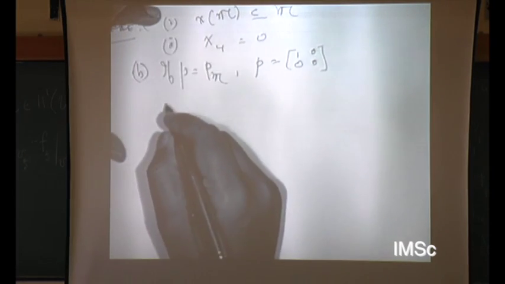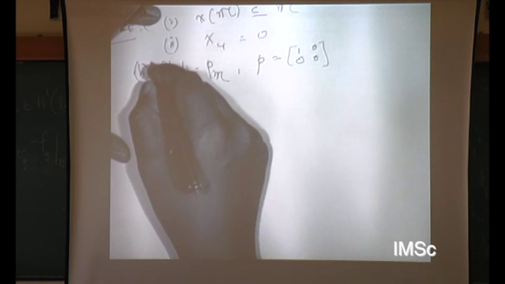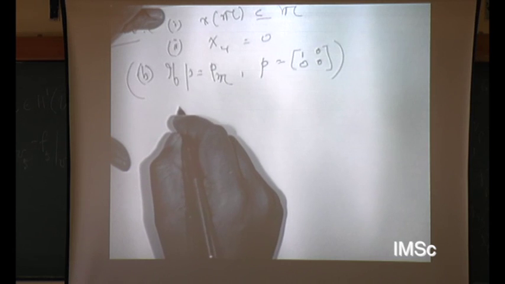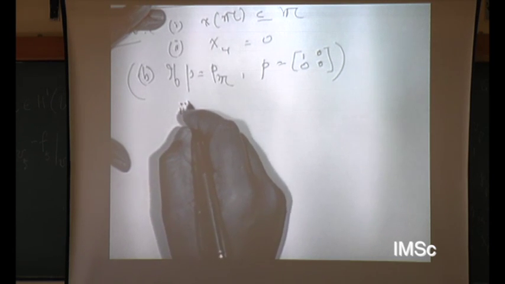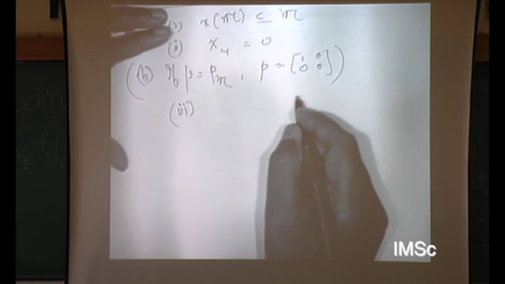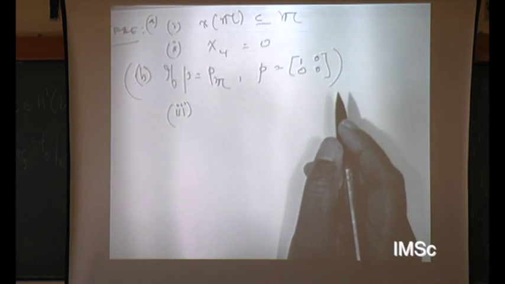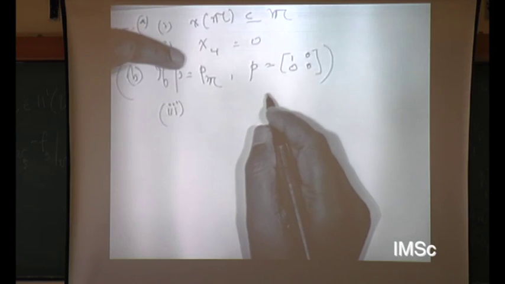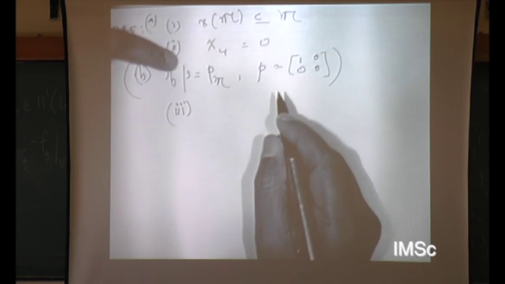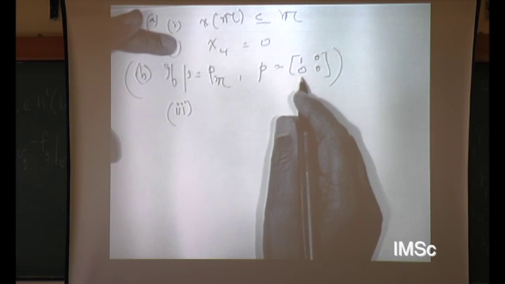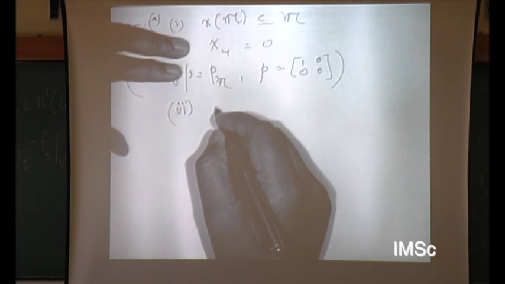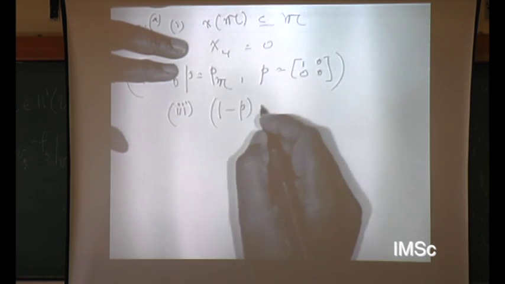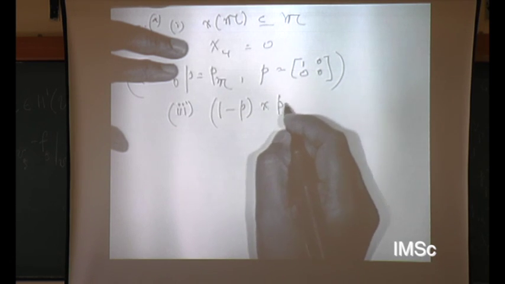And so for A, going back to A, I'll say this third condition is the same as saying, how can you capture X21 if you know this? So I want to say (1 minus P) XP is 0.